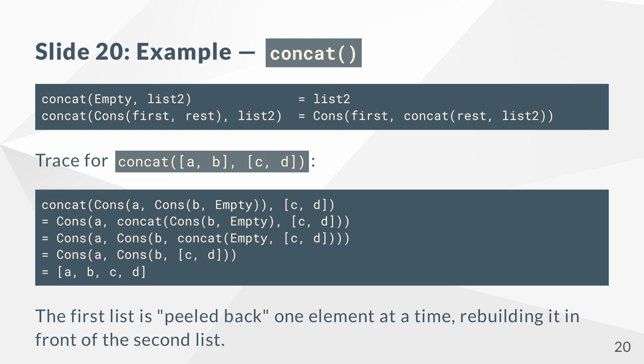Trace for concat of the list A, B, and the list C, D. First, cons of A in front of concat of the list B and C, D. Then cons of A in front of cons of B in front of concat of empty and C, D. Then cons of A in front of cons of B in front of C, D. Result, the list A, B, C, D. The first list is peeled back one element at a time, rebuilding it in front of the second.